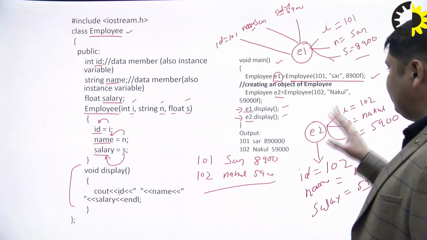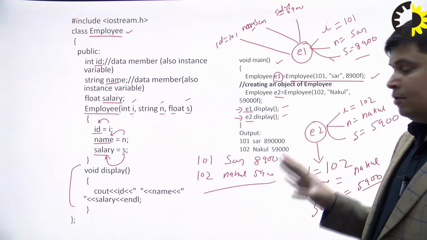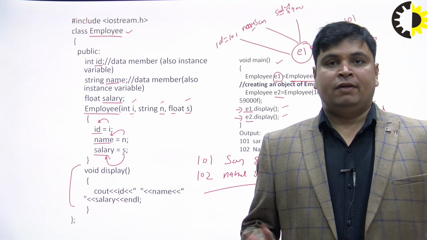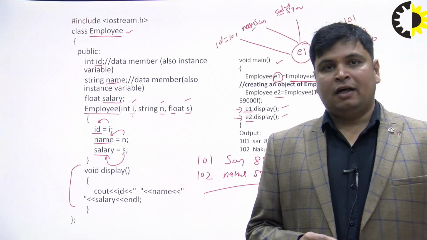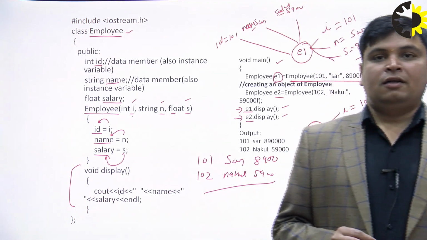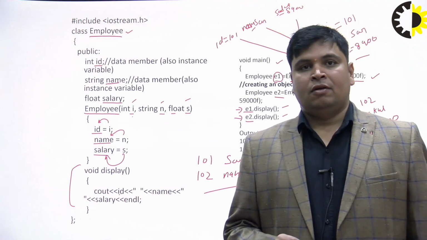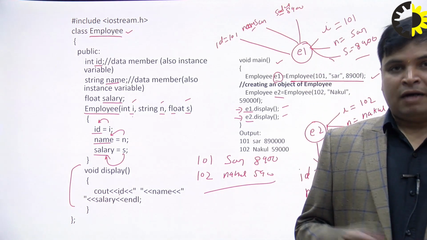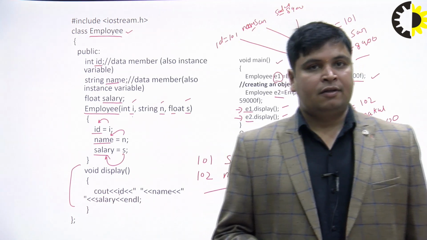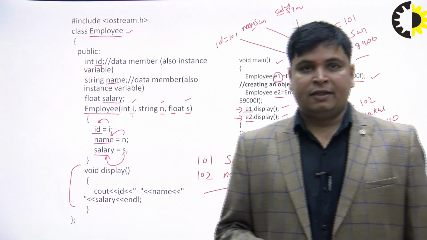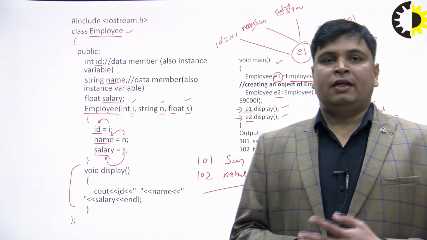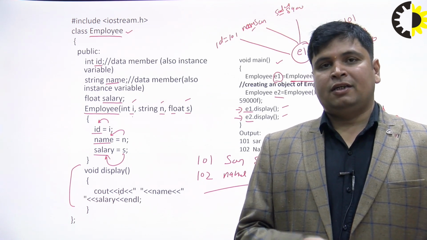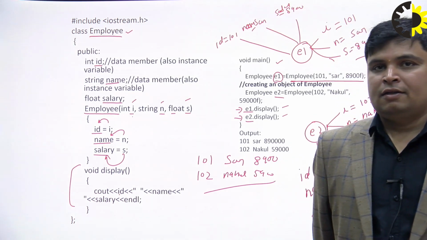Basically, if we see this entire code, the first thing has been made clear. If you want to provide different values to different objects, suppose in my class 50 students are there, having different names, different salary structures, different marks, different attendance percentages, and we are creating 50 or 60 objects and giving separate values for separate objects.